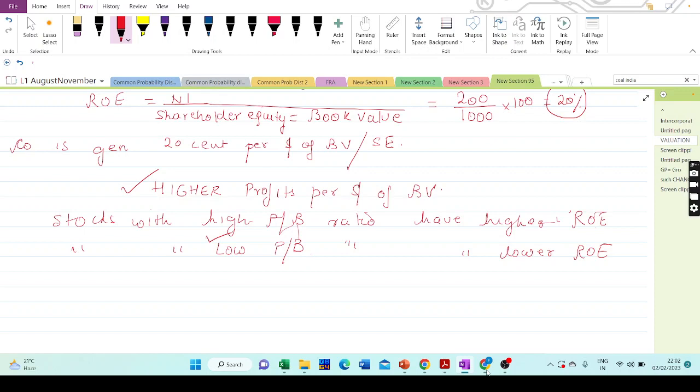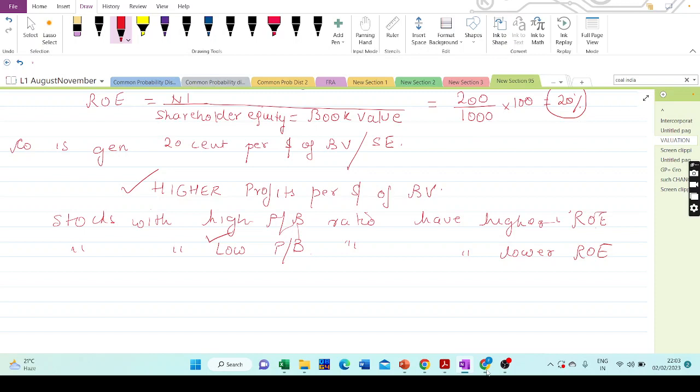I'm repeating this: when you compare stocks within the same industry and similar ROE, the stock that trades at a lower price to book is undervalued, and the stock that trades at a higher price to book is overvalued.